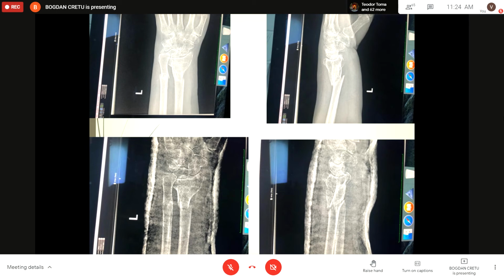It's important because usually those kinds of lesions are produced by a high energy impact, and the fracture would not be in the distal part of the radius and ulna, but in the middle third of the diaphyseal radius and ulna.